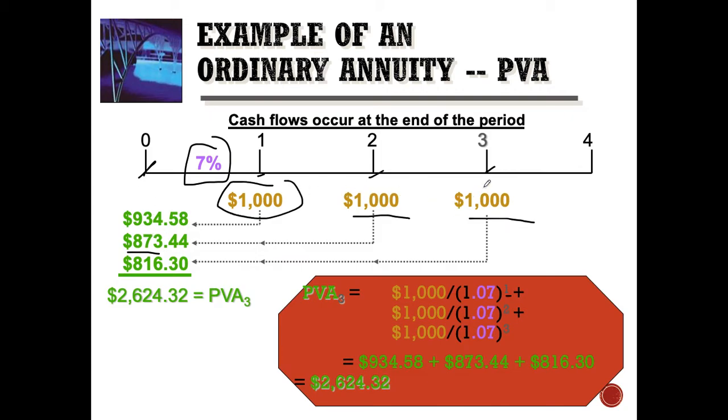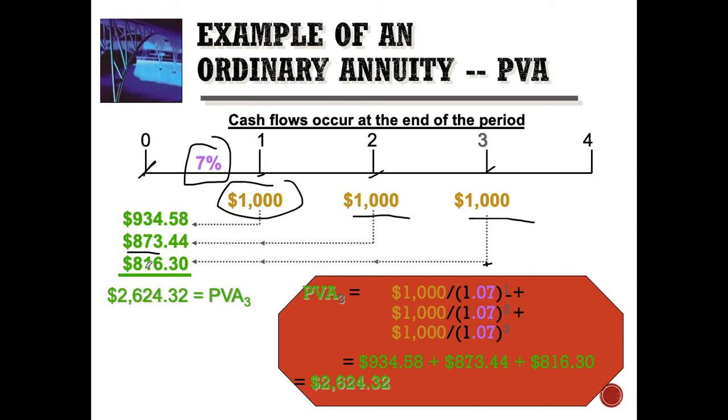And 1000 at the end of year 3, if we consider the interest rate, the present value is equal to 816.30.